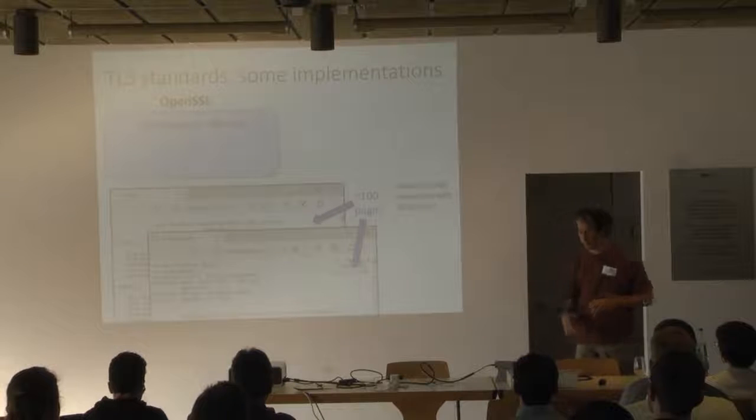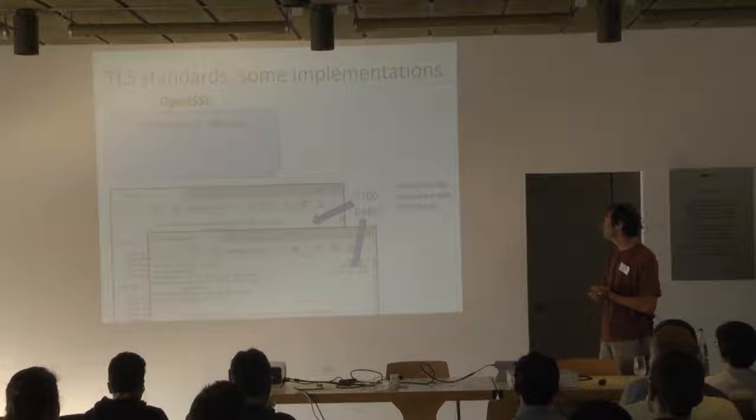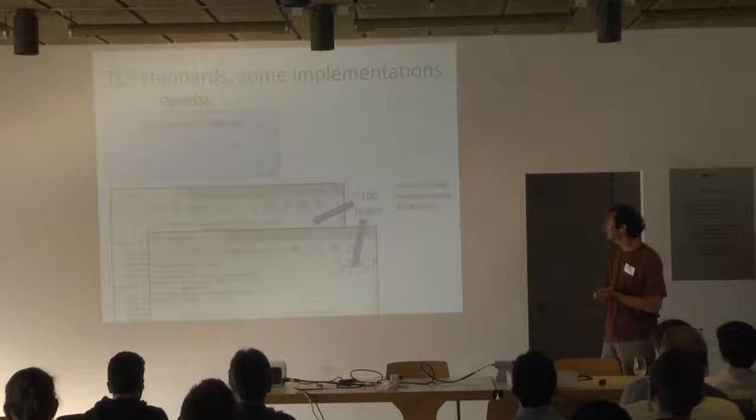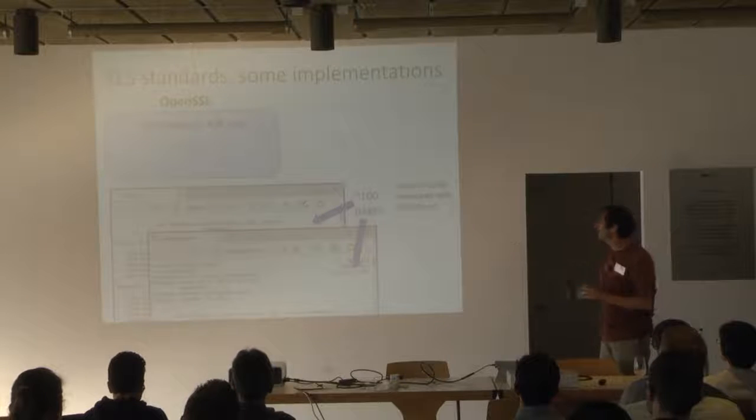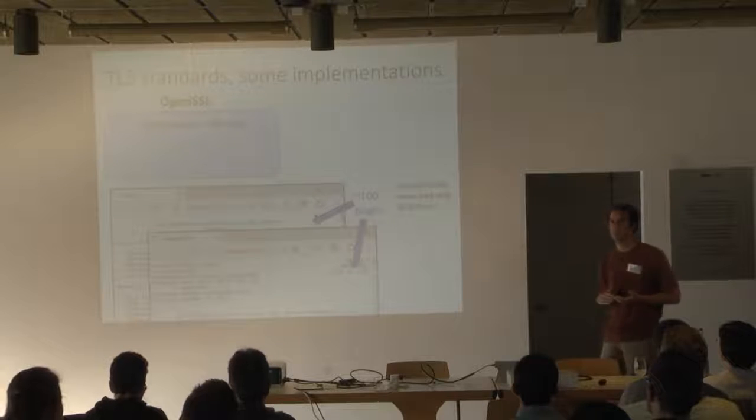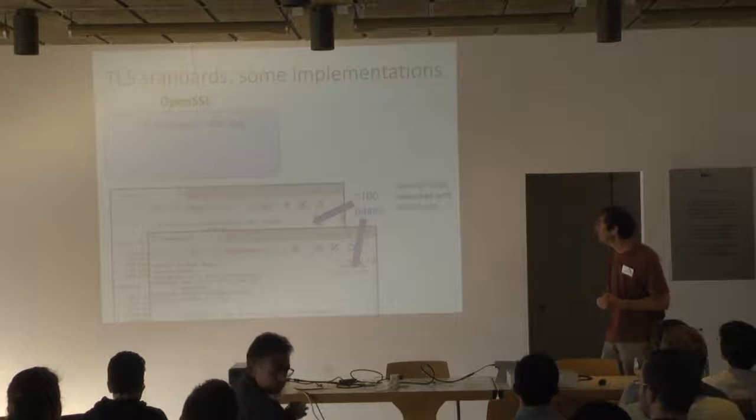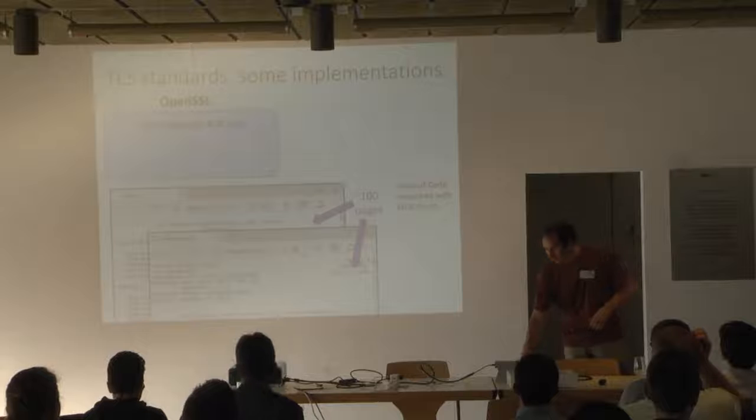OpenSSL is probably the most widely used and widely known implementation of TLS. To implement these protocols and standards, it takes about 40,000 lines of code. So still not too big, within reach, we believe, of formal methods.